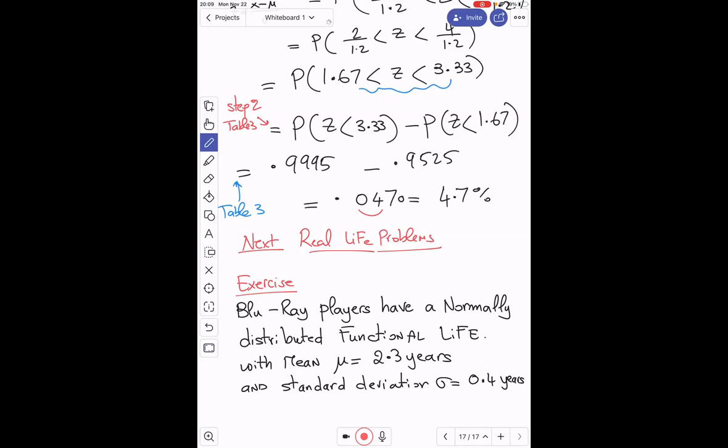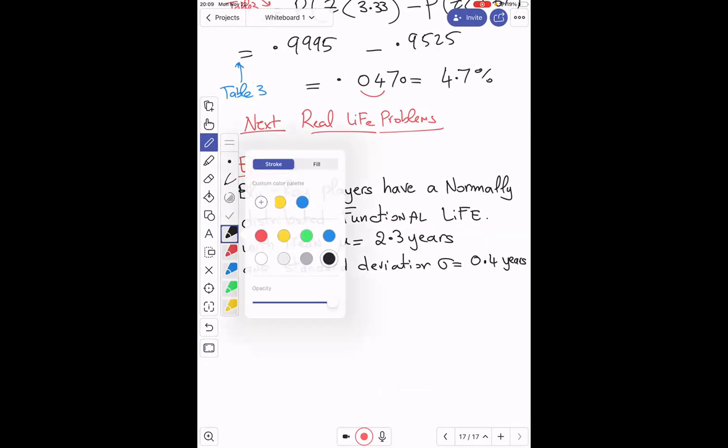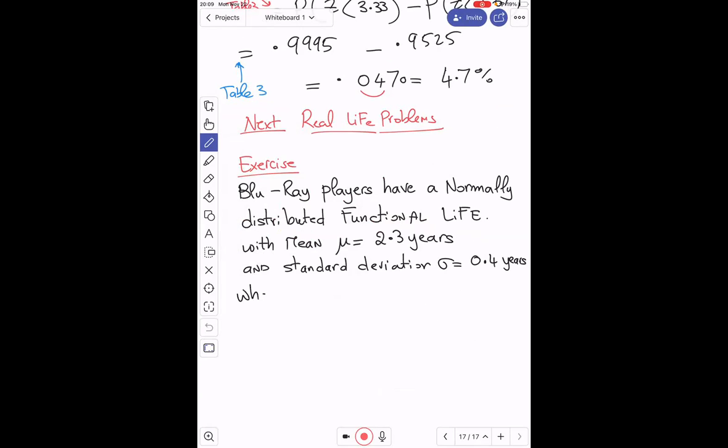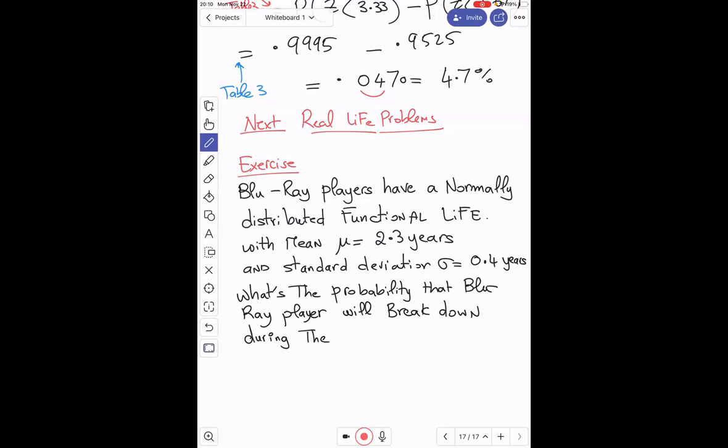So the question is: what's the probability that the Blu-ray player will break down during the guarantee period? The guarantee period is 2 years.